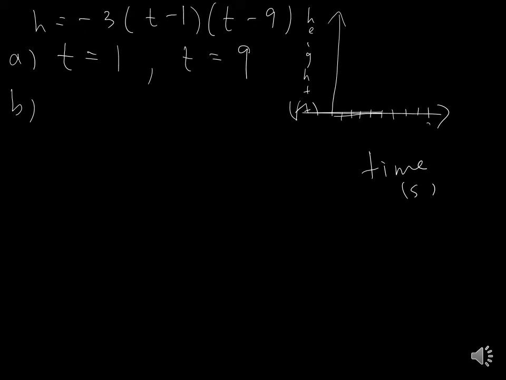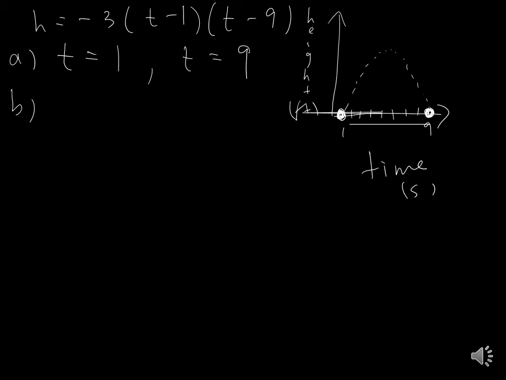So there's 9. Sorry for those scribbles. There's 1. So when zeros are along the x-axis, or in this case where t is for time, we have a point at 1, and we have another one at 9. And then our cannonball is going to get shot up, go up, and then come back down.